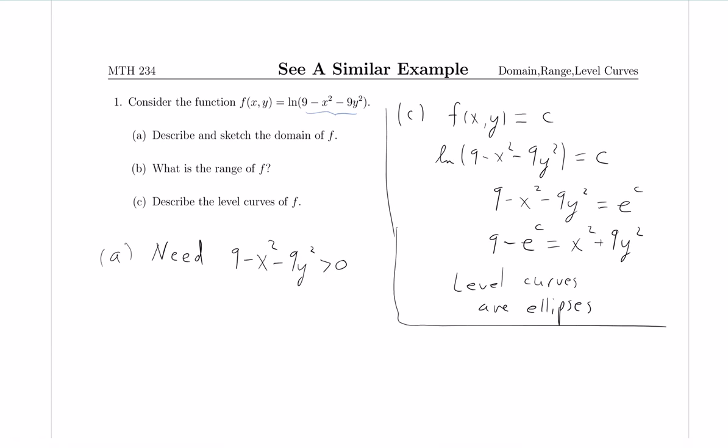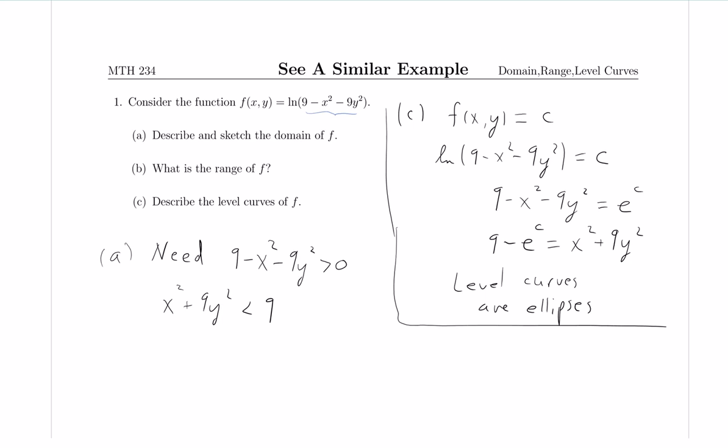So if we rearrange this, this is the same thing as saying x squared plus 9y squared is less than 9. Now if this less than symbol were an equal sign, this would be the equation for an ellipse, as we were just saying a minute ago.